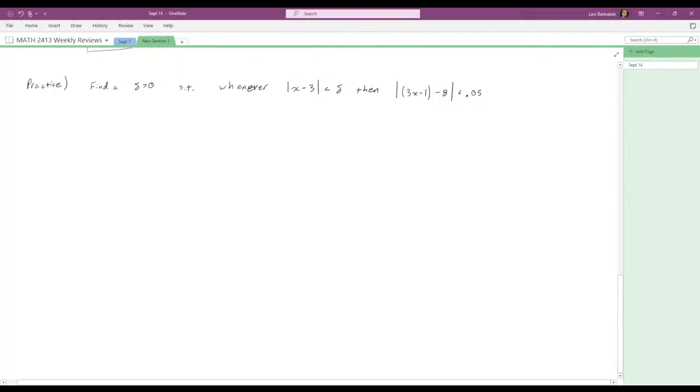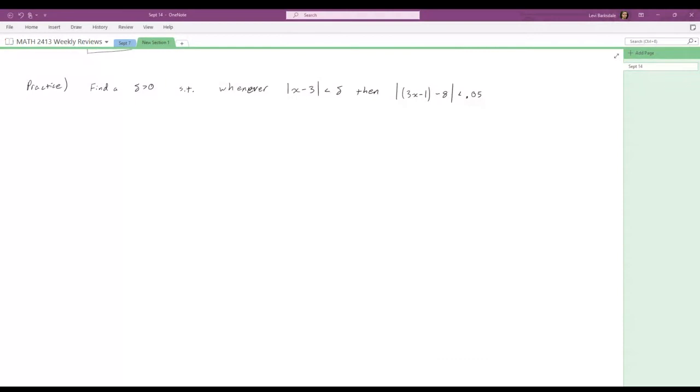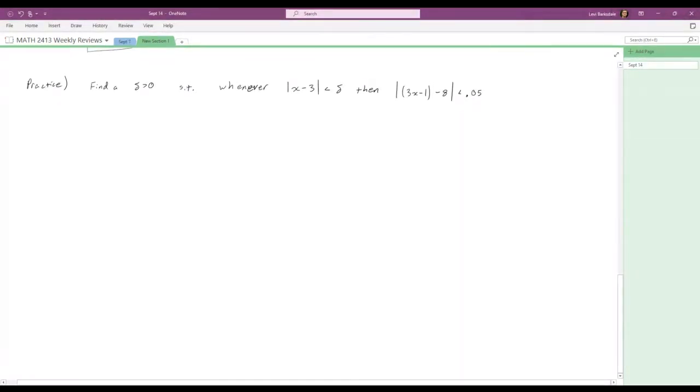You might be off by 1 if you got 0.167. I believe the correct answer should be 1 over 60, which is 0.0167. So let's take a look at why we get 1 over 60 as our answer.